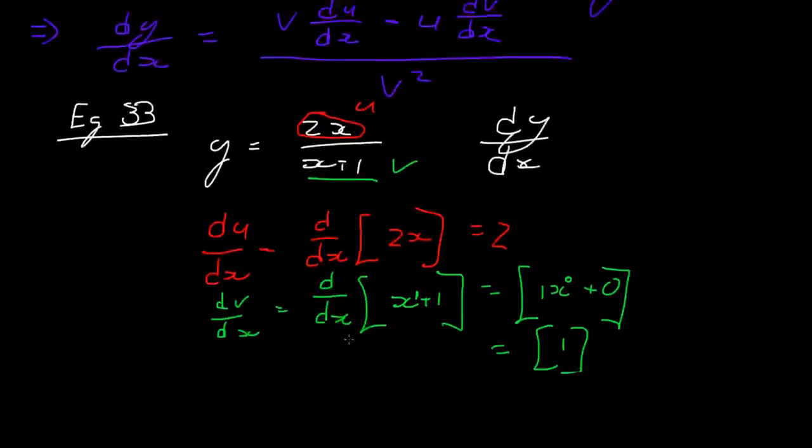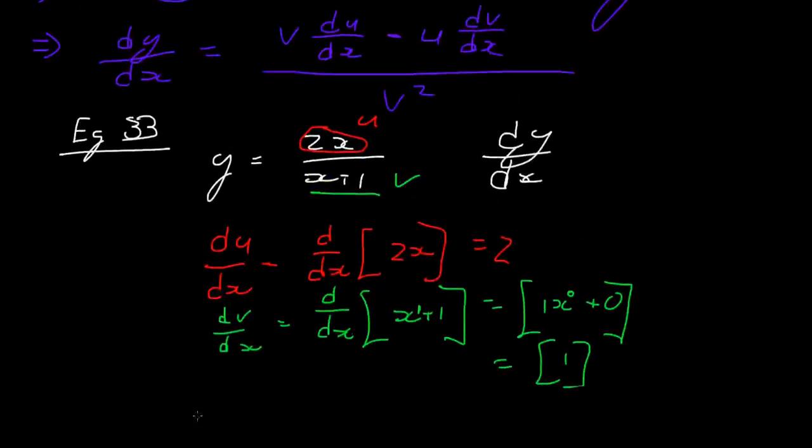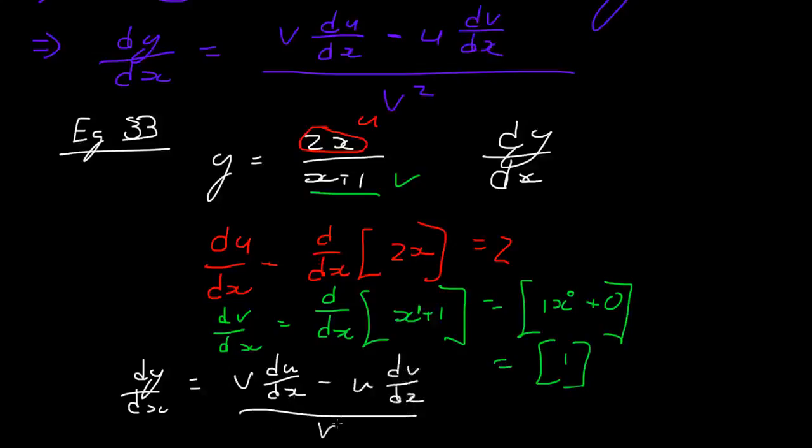So now we can substitute into our formula. We can say dy by dx equals v du by dx minus u dv by dx over v squared.